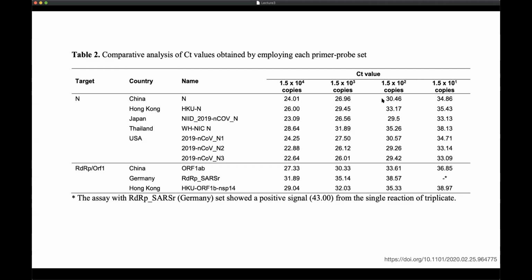So if you look across the columns, there should be about a 3 difference between all of these values. So, from 24 to 27, 27 to 30, 30 to 34, and that's about right. So you're in the linear part of the growth, so it doesn't go into the suboptimal domains of RT-PCR reactions.